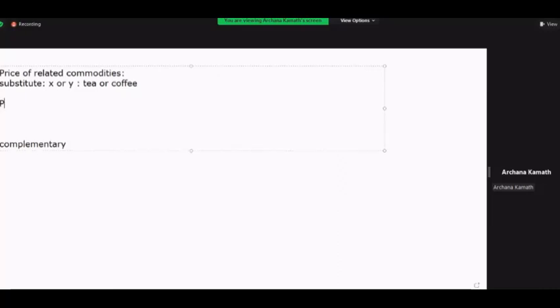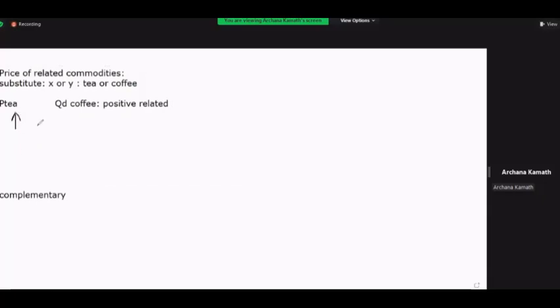Now, how is price related? Price of tea and quantity demanded of coffee are positively related. Substitute goods have a positive relationship. See, when the price of tea is increasing, you are in the habit of consuming more tea, but unfortunately, due to some issues in the tea factory, the price of tea started to increase.